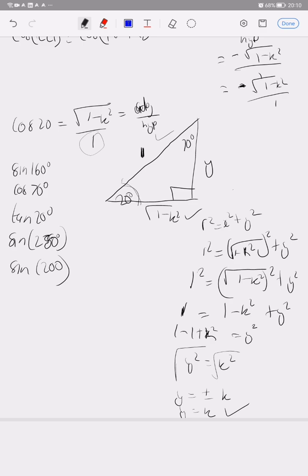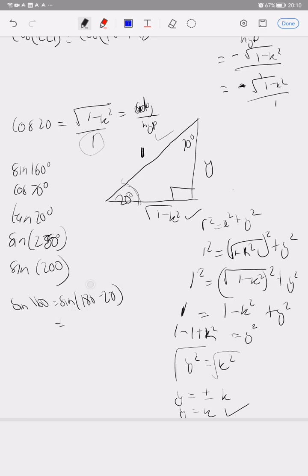Remember, always make sure that you find the value of y, the value of r, and the value of x. So what do we do from here? I'll have sine of 160, which is the same as sine of 180 minus 20.